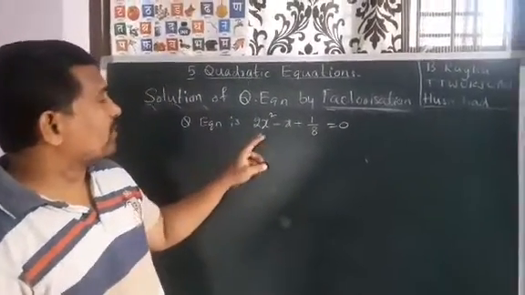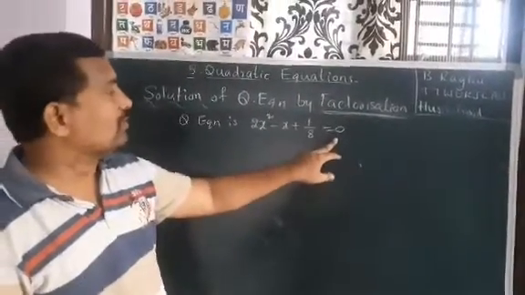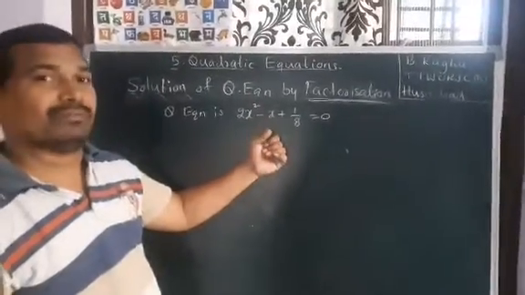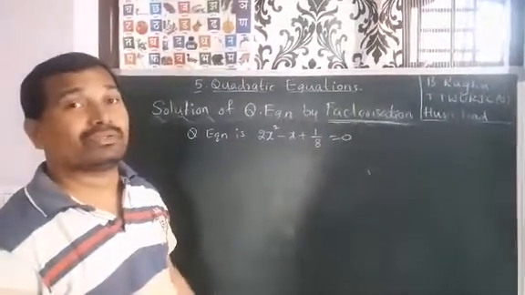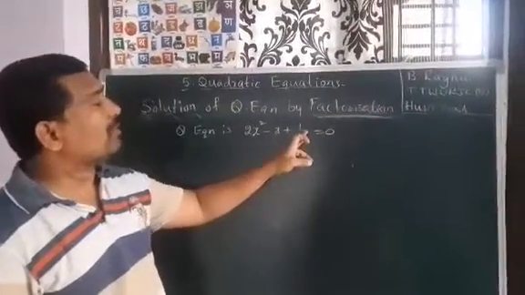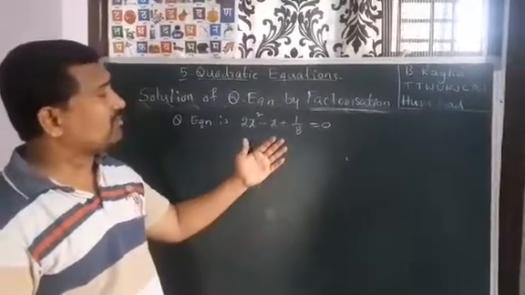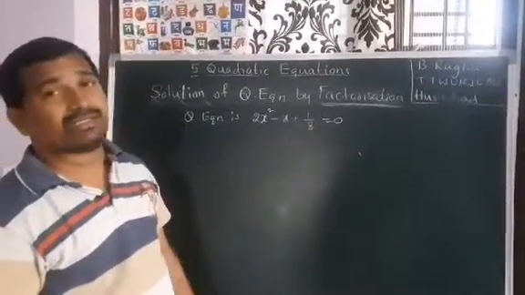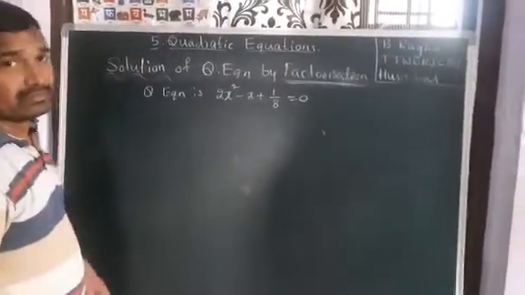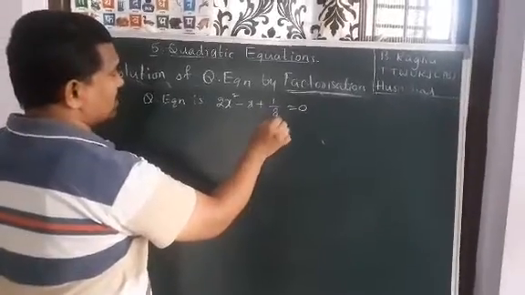See this quadratic equation, 2x square minus x plus 1 by 8 equals 0. Now if you see, this is not in the standard form. First let us convert into standard form, because the last constant term is 1 by 8. It is in standard form, but the constant is not an integer. So let us take the LCM. 1 by 8, 8 is the denominator.